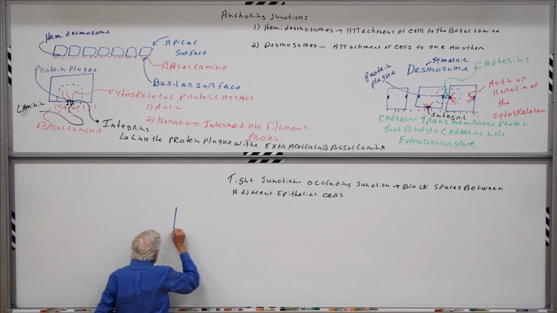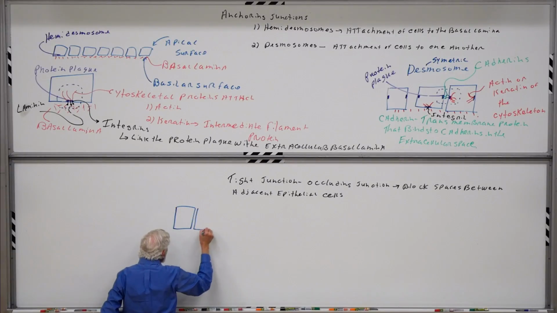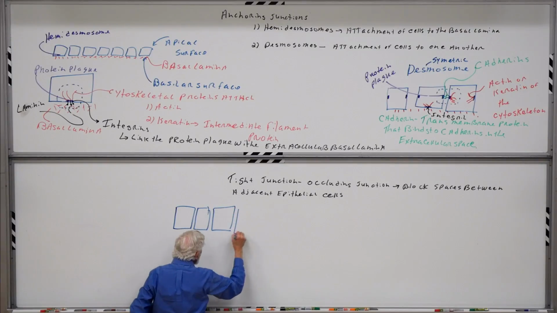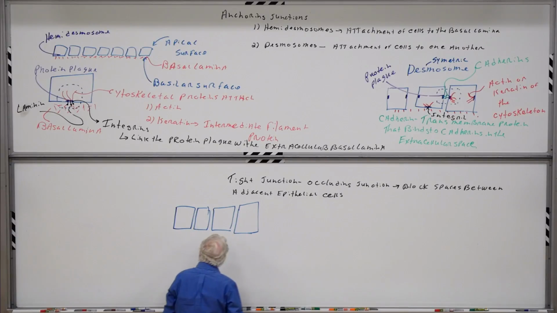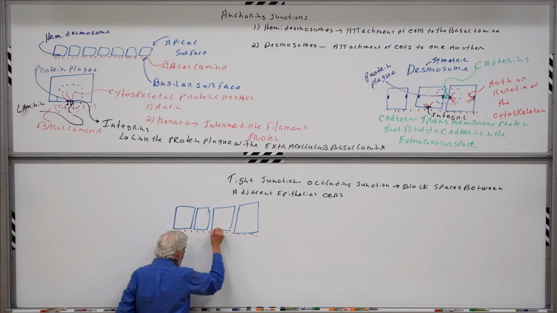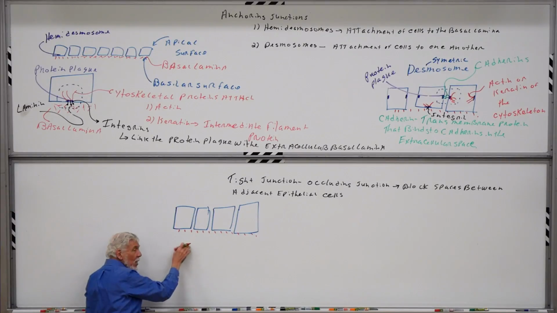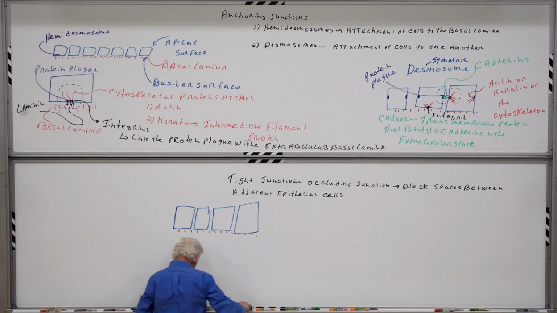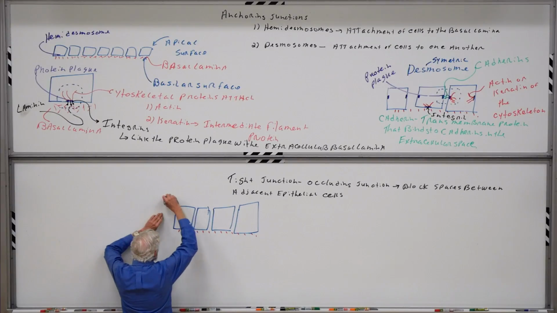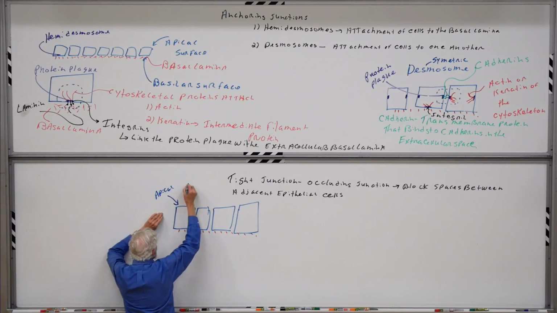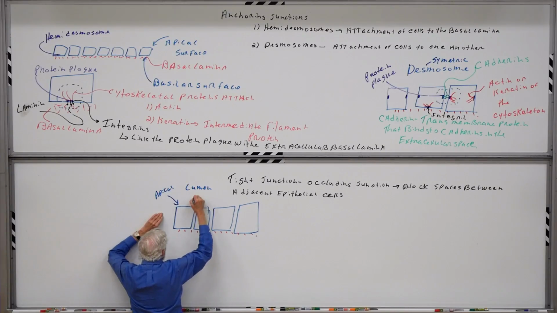So again, if we imagine this short series of epithelial cells, the orientation is such as they sit on a basal lamina. I won't draw in the hemidesmosomes. The hemidesmosomes will be linking these cells to the basal lamina. The point here is that the apical surface faces the lumen of a tube.